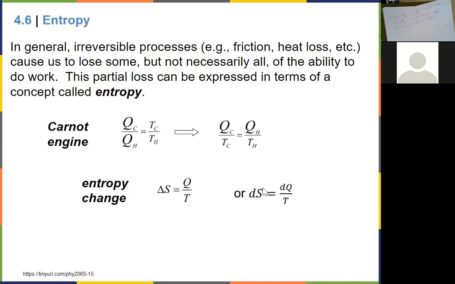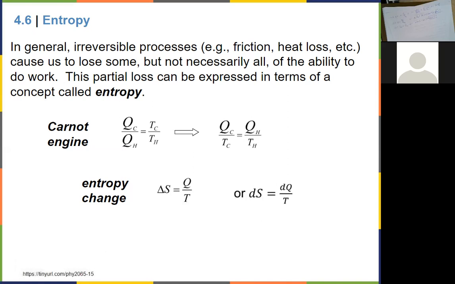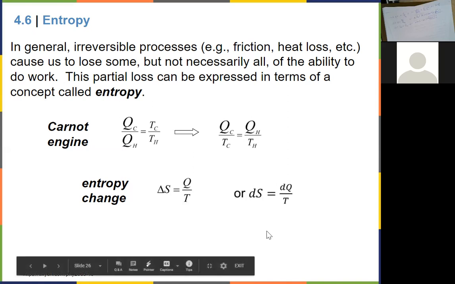In differential form, dS equals dQ over T. So we just gave the definition for entropy change.